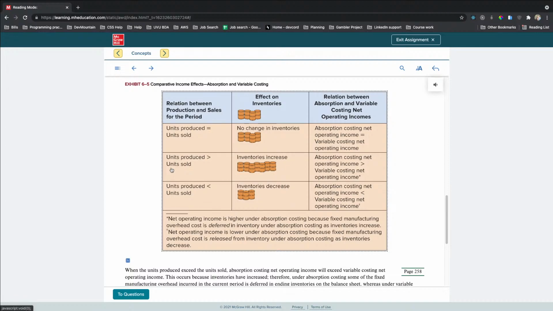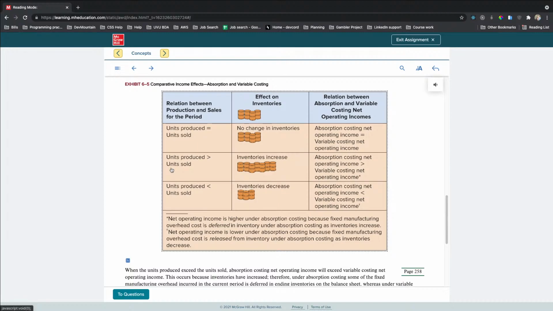I built 4 but I sold 6, so 2 of those are from a different period. So I'm going to recognize those manufacturing costs, whatever they may be, but I'm also going to get a bunch of revenue too, right? So I'd say it can depend.